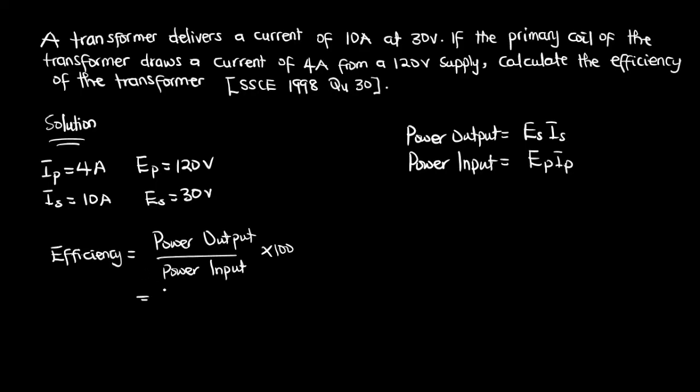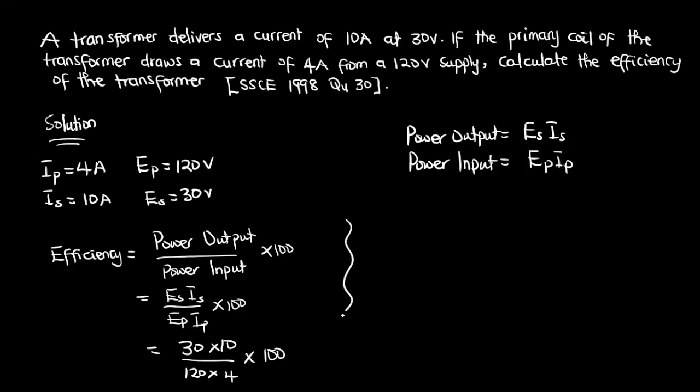is equal to the voltage in the primary multiplied by the current in the primary. So this is basically ES IS over EP IP multiplied by 100, right? So this is equal to our ES is 30, so we have 30 multiplied by our IS is 10, then divided by our EP is 120 multiplied by our IP, which is 4, then all multiplied by 100.